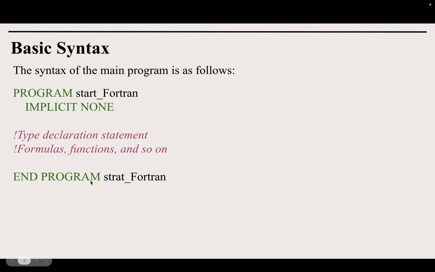Next is the implicit none. Why have I written this implicit none? Sometimes during programming, if we are writing a very long code, we define many formulas in between, but we forget to declare the variable at the beginning of the code.